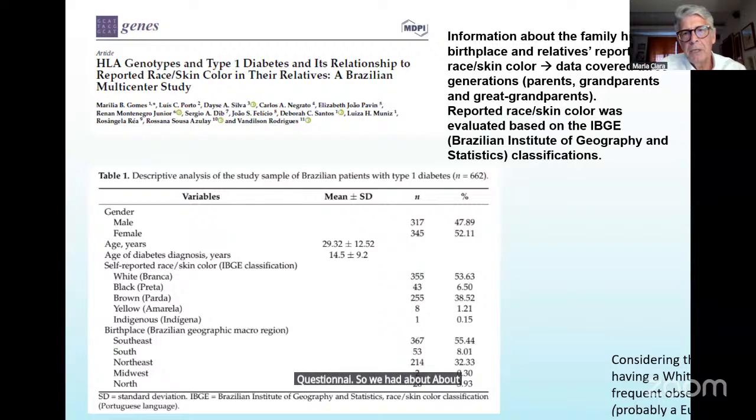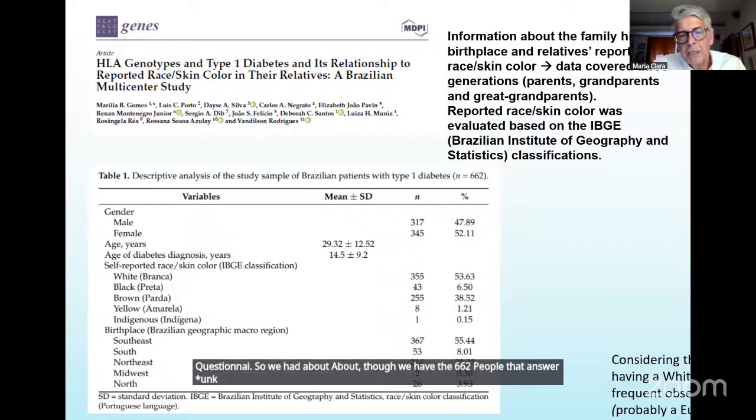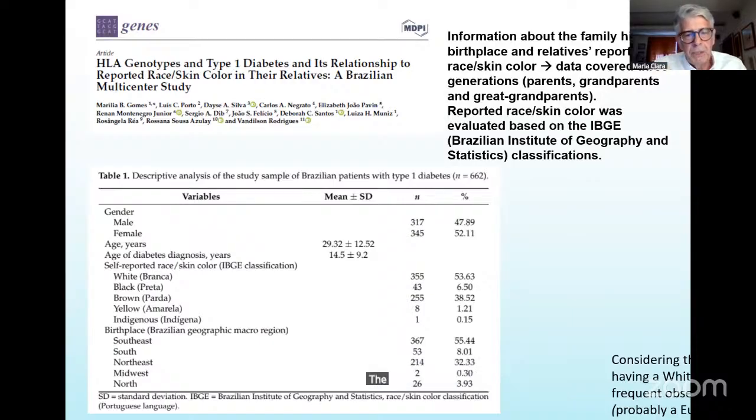We have 662 people who answered the questionnaire and gave information about the region where they are and about their self-declared classification of race and skin color, where they live, and where their parents, grandparents, and great-grandparents are from.